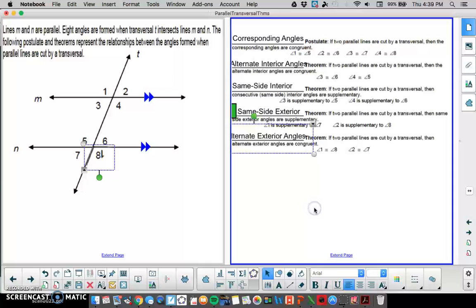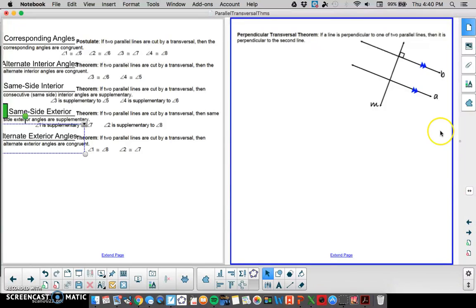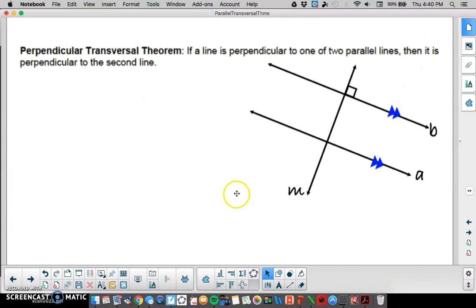Now, these theorems are going to be really important as we start to prove whether things are congruent or supplementary. It's also really helpful to see the relationships between certain angle pairs. We have one more theorem called the perpendicular transversal theorem. So that says if a line is perpendicular to one of two parallel lines, then it is perpendicular to the second line.